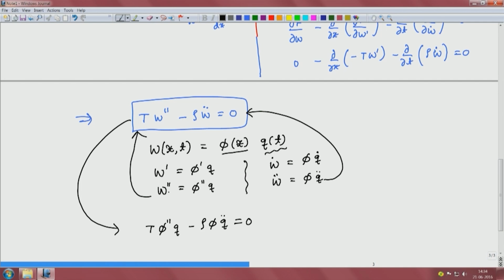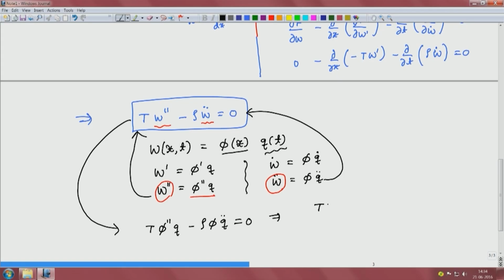I have substituted for w double prime this one over here, and for w double dot this one over there. So, this gives us this result.